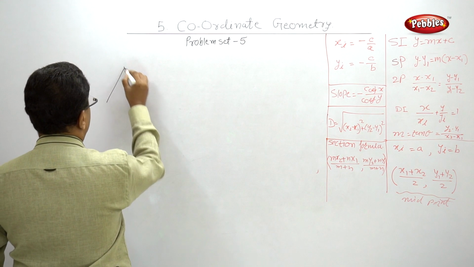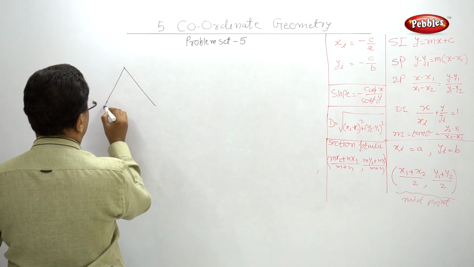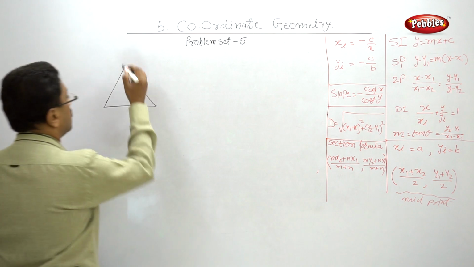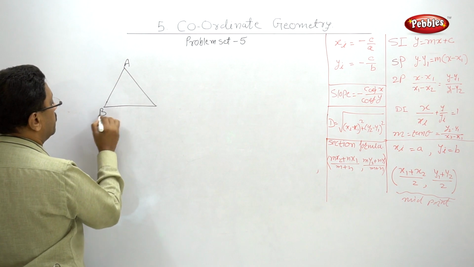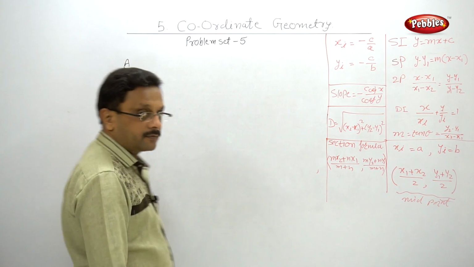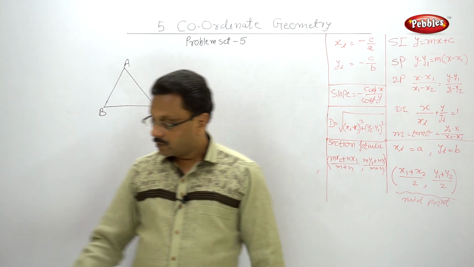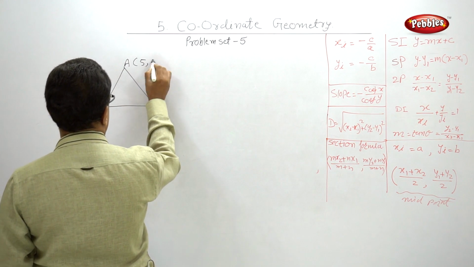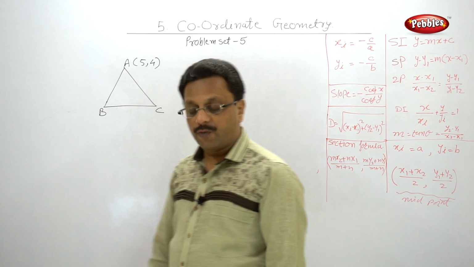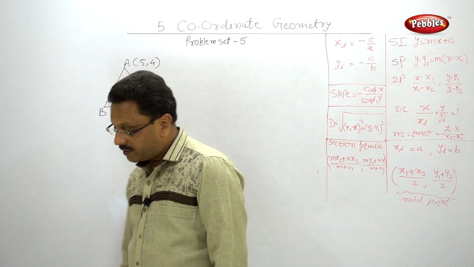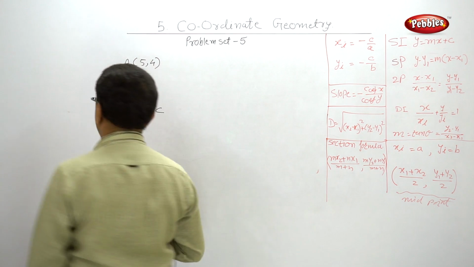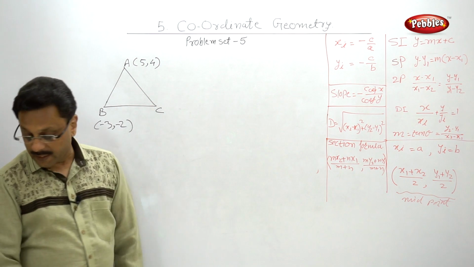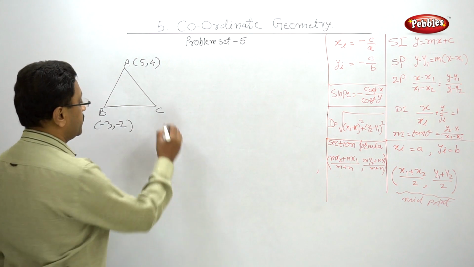In triangle ABC, coordinates are given: A is 5, 4, B is minus 3, minus 2, and C is 1, minus 8.